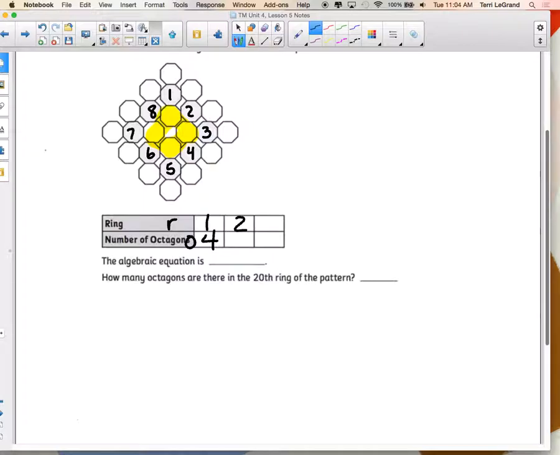How many did you get in the second ring? 8, so did I. Predictions, how many there'll be in the third ring? 12, okay. Sure enough, I got 12, did you? Sure.